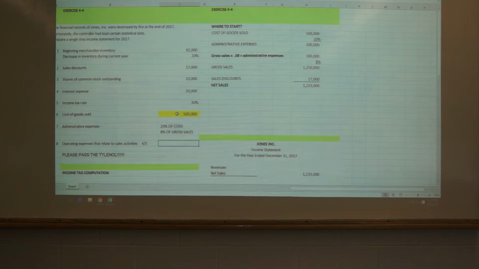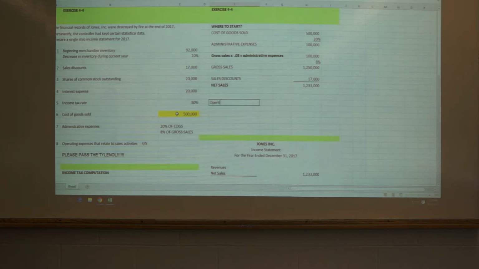So that means you've got operating expenses and administrative expenses. If your operating expenses that relate to sales activities are 4/5, let's just think about this for a minute.